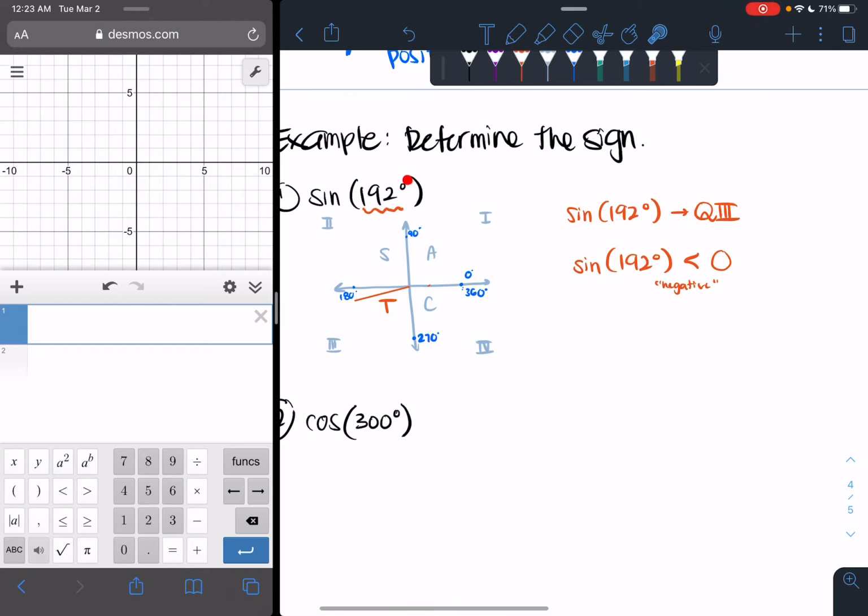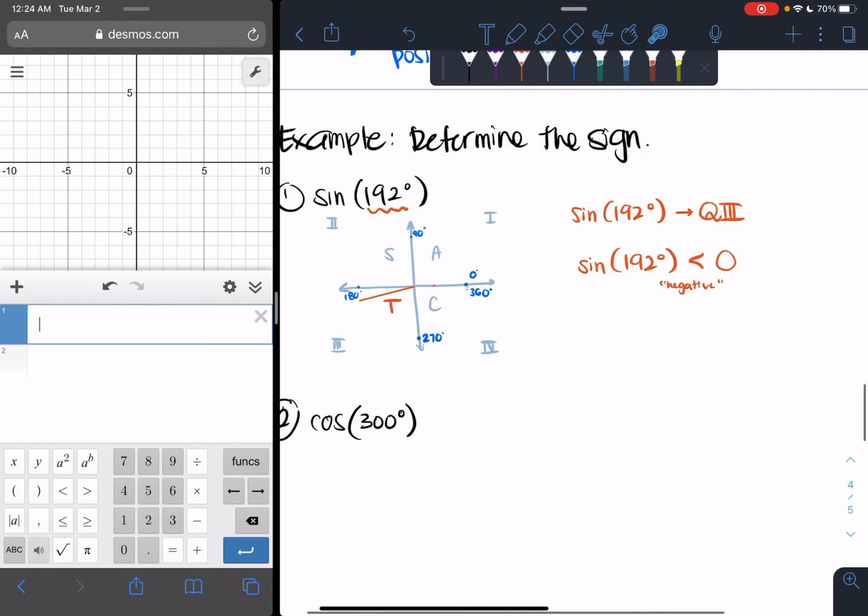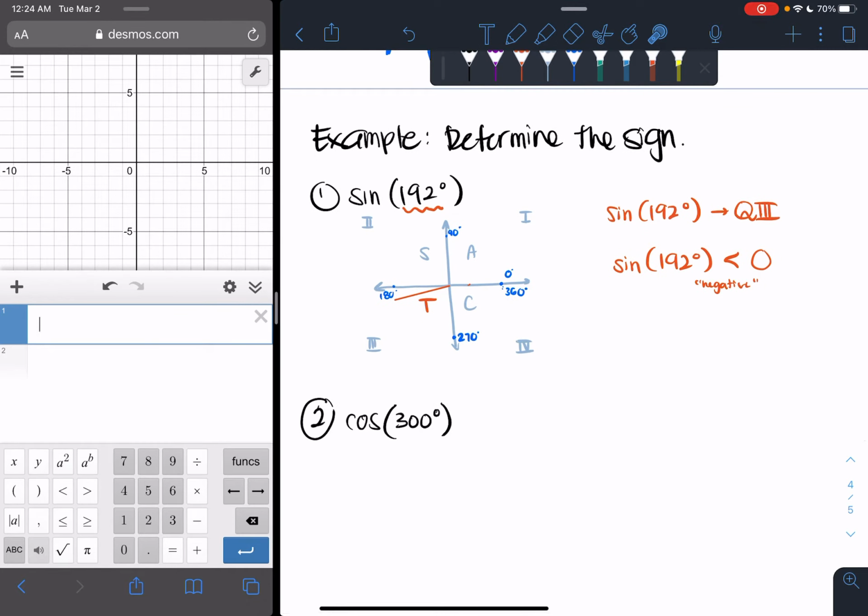Then we took our degree, identified which quadrant it lay in, and we were able to determine the sign of the given value here. Finally, we could use Desmos to verify our answer, and that's that.